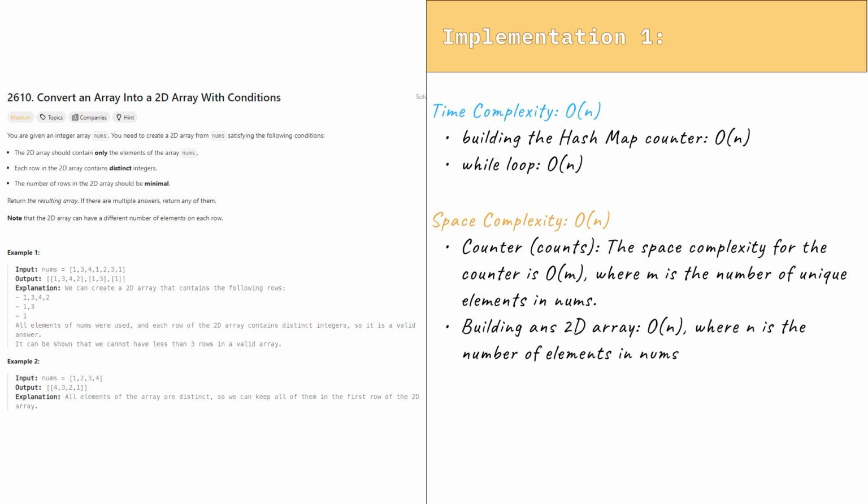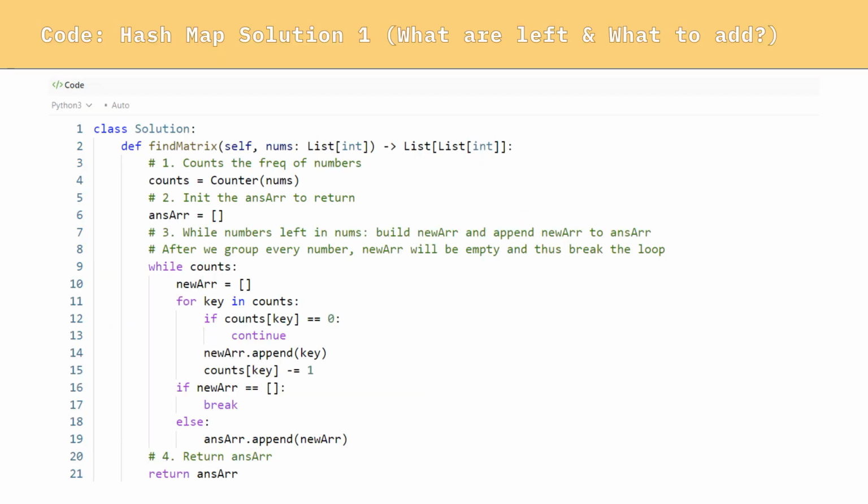In the worst case, if every element in our input array is unique, then the space complexity for our hash map will be O of n. Also, because our answer 2D array has the same size as our input array, building the answer 2D array uses linear space. And finally, this is our code for our solution 1.